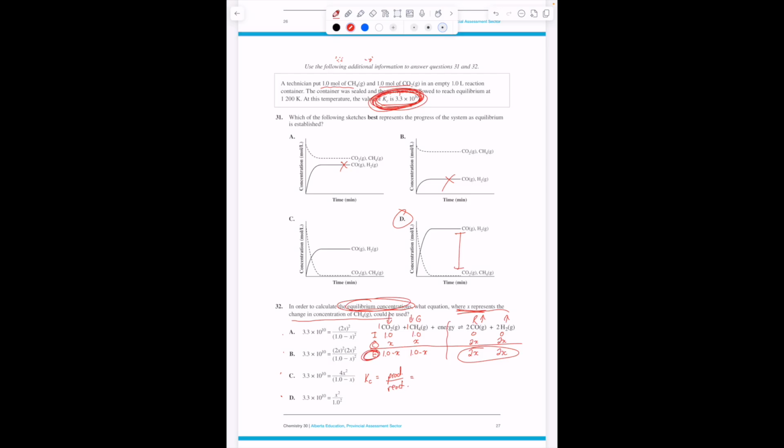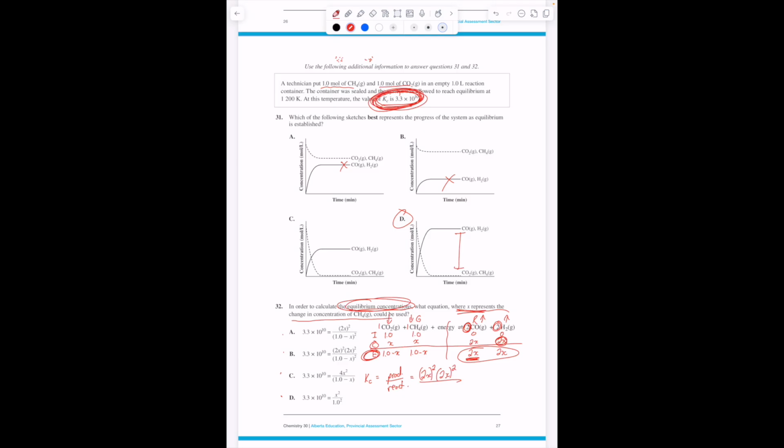So I have 2x, and coefficients become exponents. 2x squared. And then I have another one of those, 2x squared, because that one's coefficient becomes exponent.